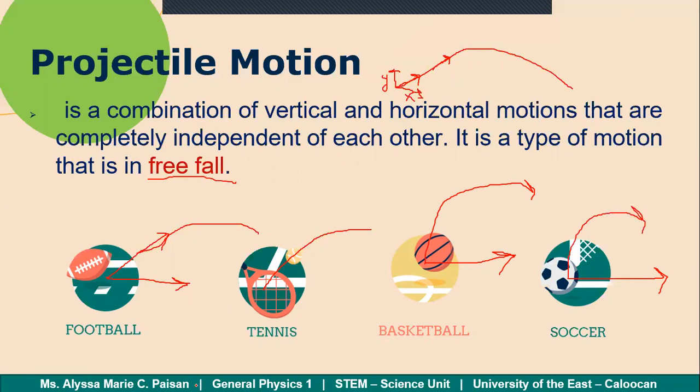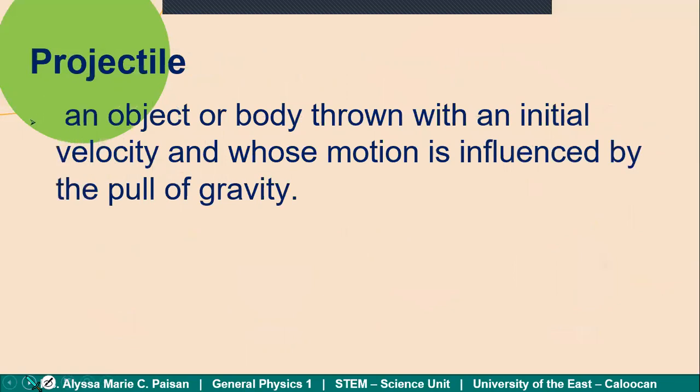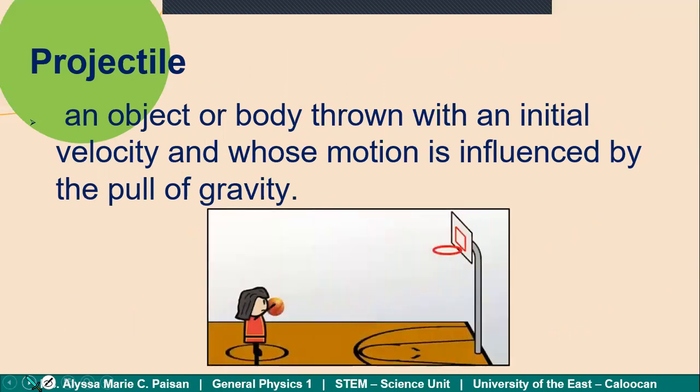Okay, so things that follow such path undergo projectile motion. Now we have a special name for these balls, for the football, for the tennis ball, for the basketball, and the soccer ball. We call that a projectile, okay, because it's an object that undergoes projectile motion. Let's have an example here wherein a girl is going to shoot a ball towards the ring.